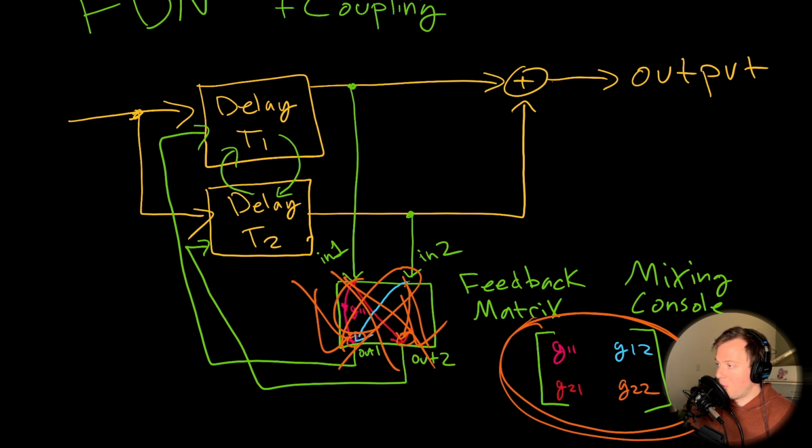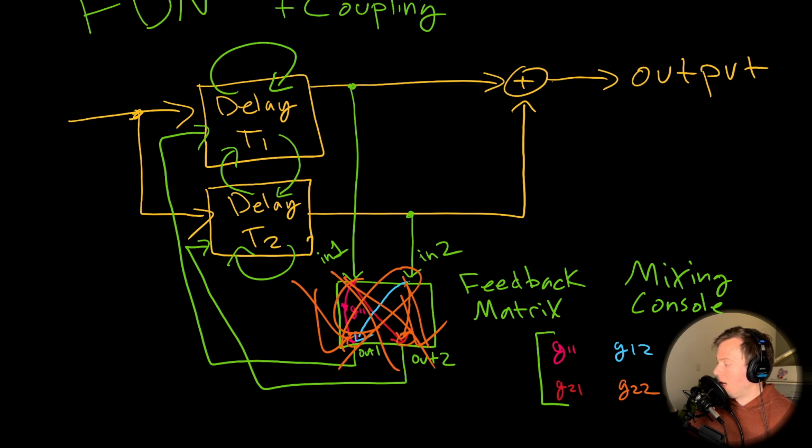There's crosstalk between these. We also have delay 1 talking to itself, and delay 2 talking to itself. This matrix defines how much everything is talking to each other. It's basically the god of this FDN system. It defines everything. So now that we understand that, we can go build this.